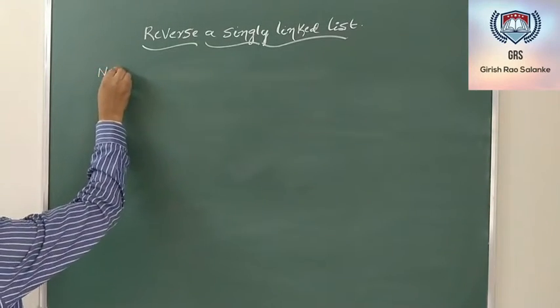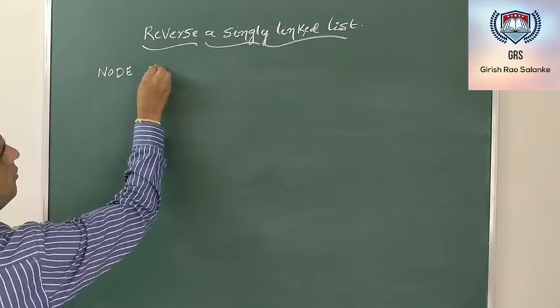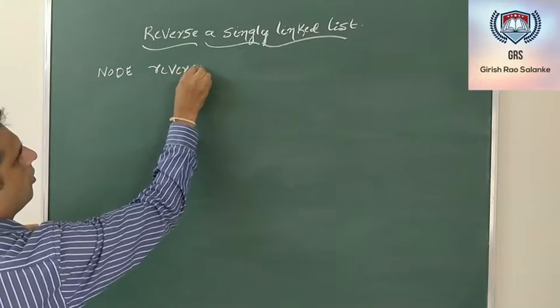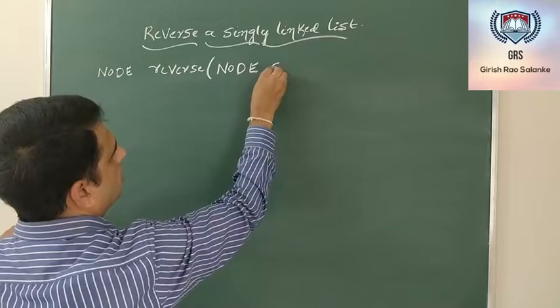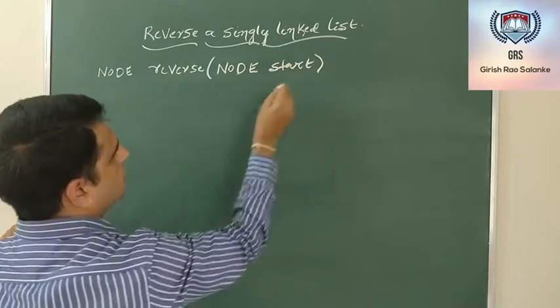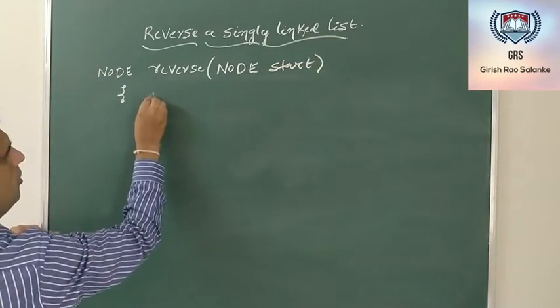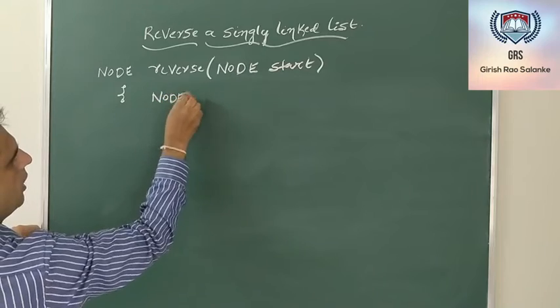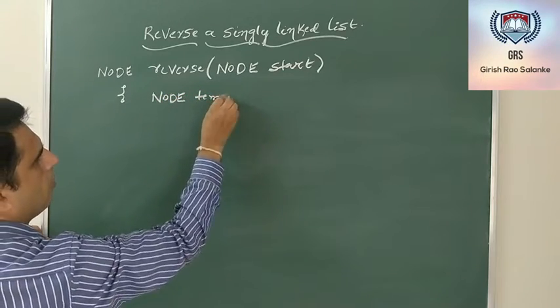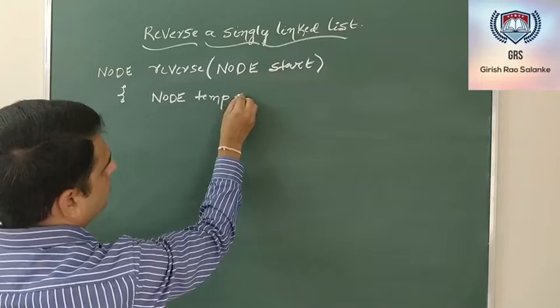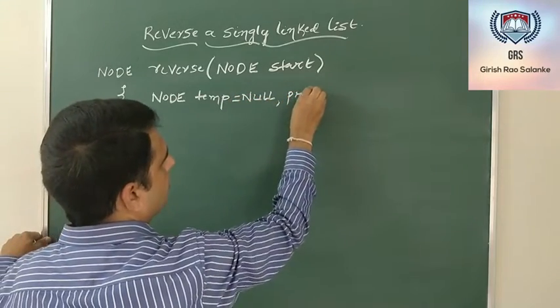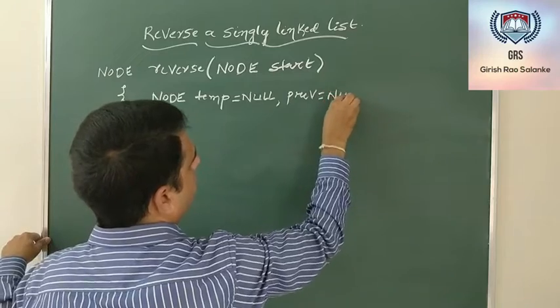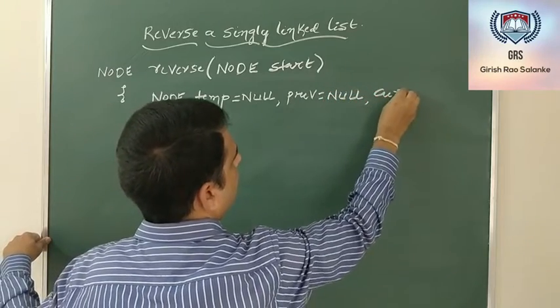Function return type as node. Function name as reverse. Argument to the function is the reference of my list, which is nothing but node start, which contains the address of the first node. Now node temp. What all I use? Temp, I'll initially point to null, previous pointing to null, and one more variable current.